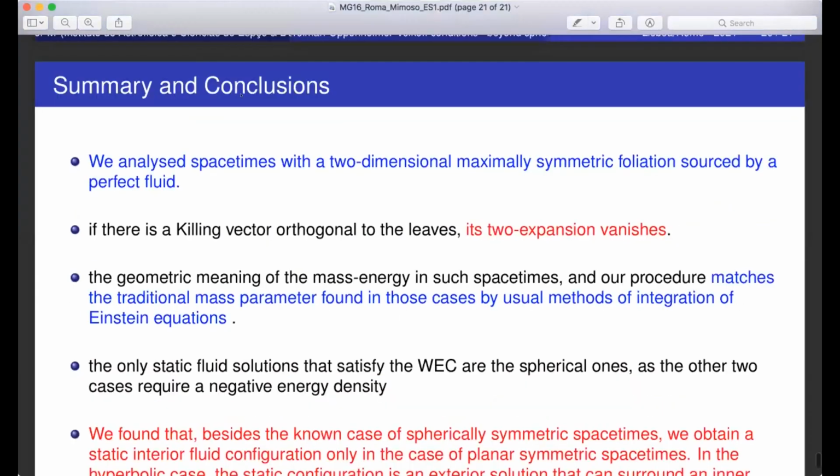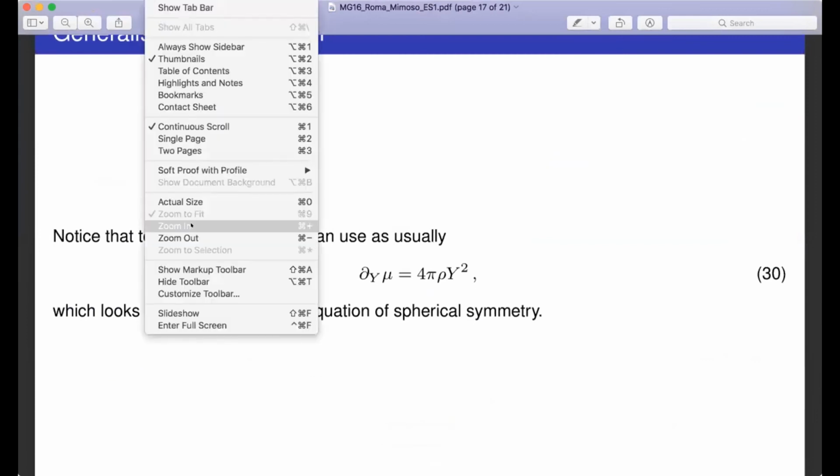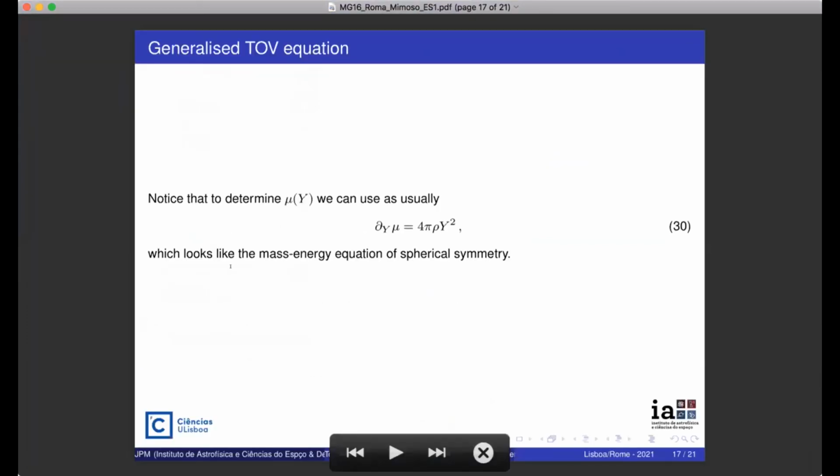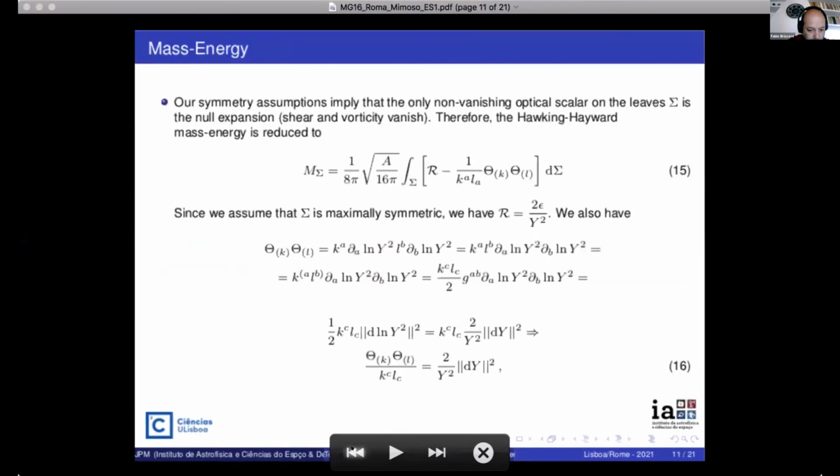So, view slideshow. Yes, you're on page 17. Too many pages.